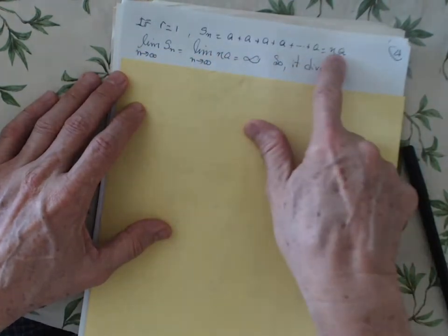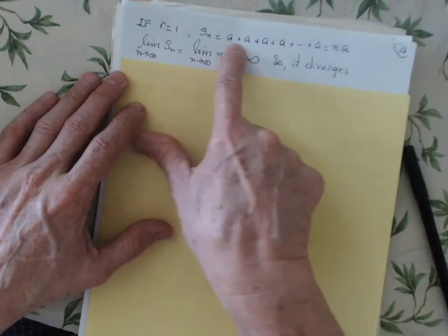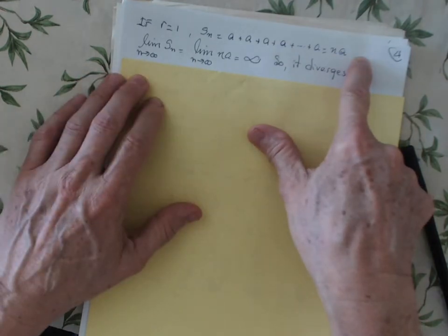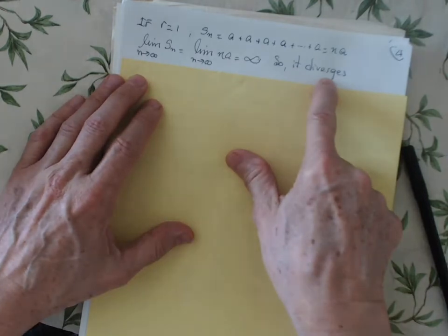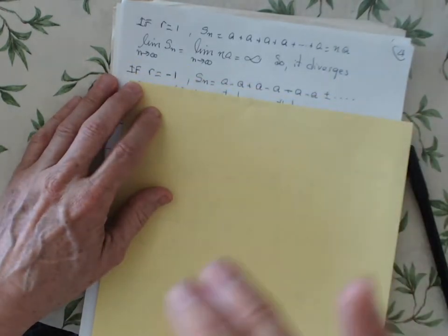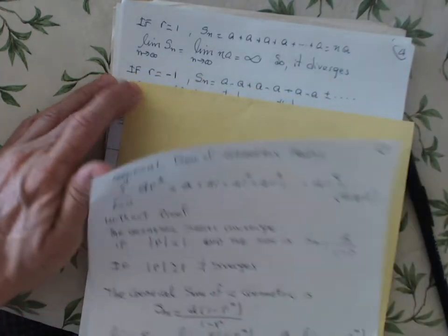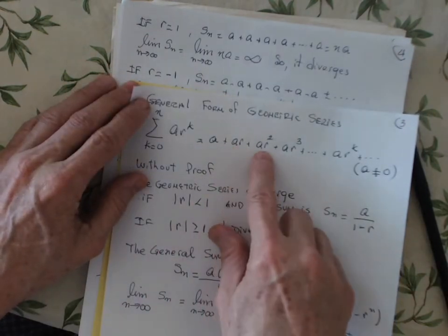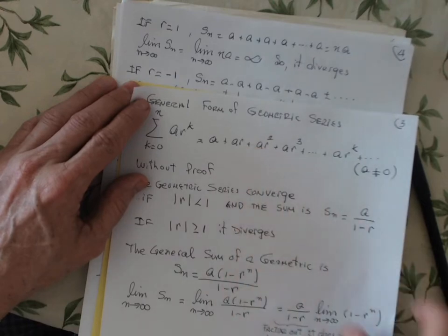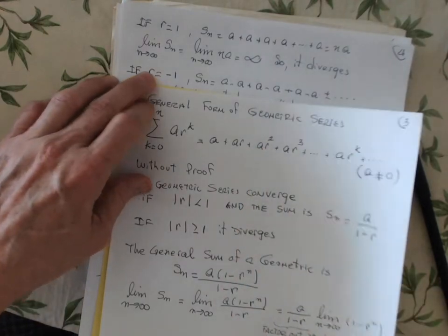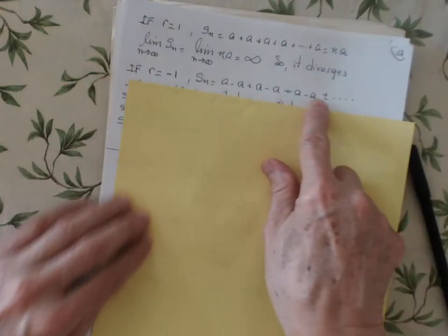Well, then you apply the limit to that sum of all those, and then you go to infinity. Diverges. Now, when r equals -1, then it's going to be 1, -1, 1, -1, 1, -1, 1 when you apply it into r. You end up with this.